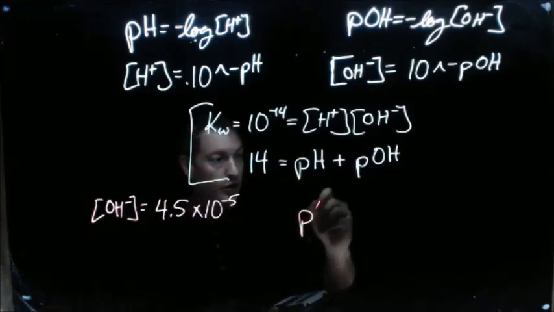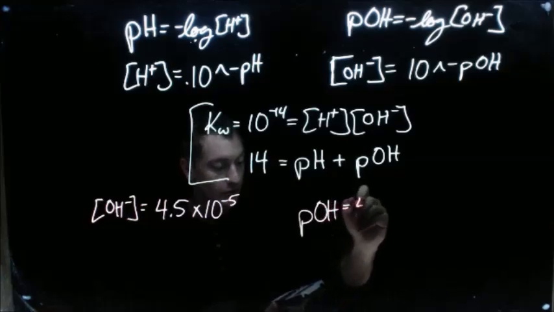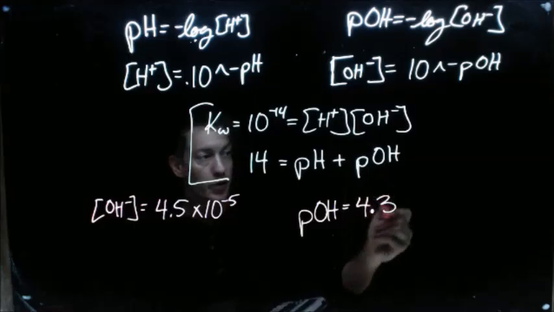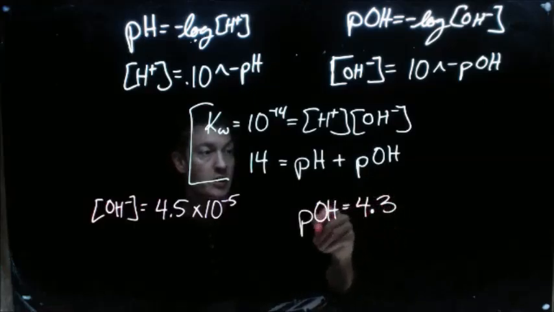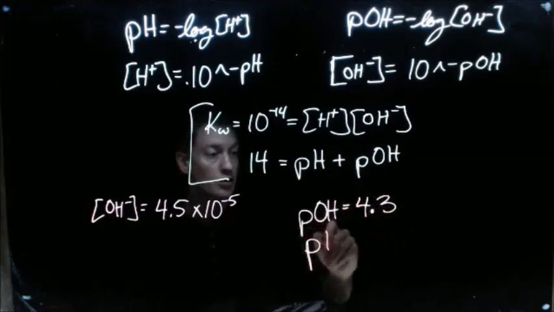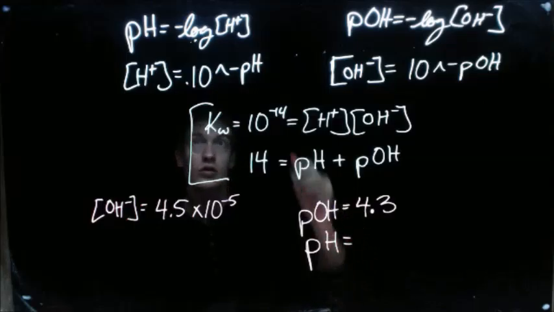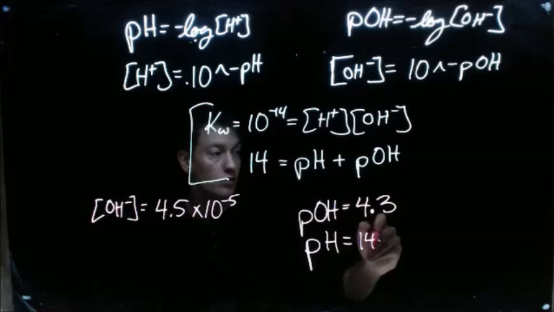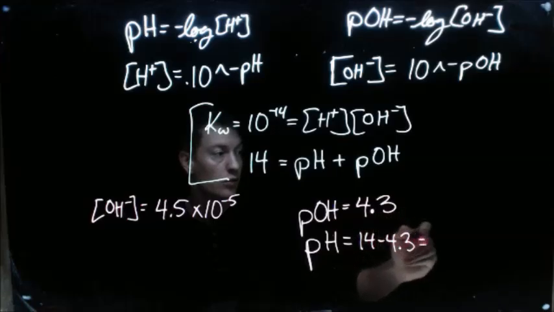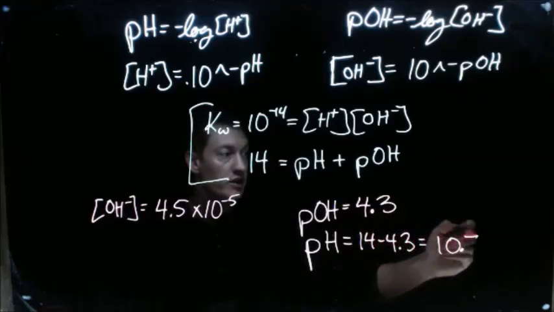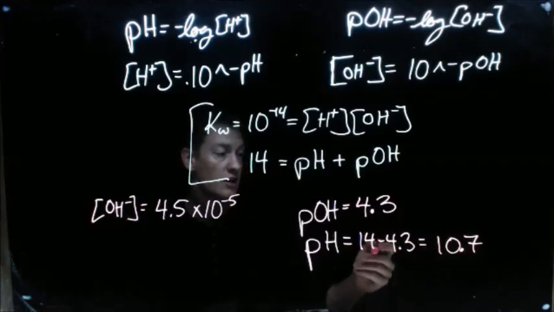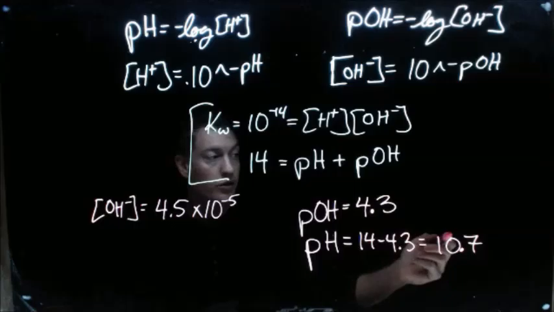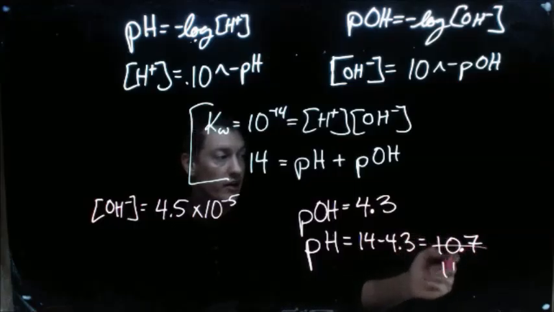The pOH would come out to be 4.3 with 2 sig figs, which means that the pH would equal 14 minus pOH, which gives us 10.7, or if you want to go with 2 sig figs, we'd call that 11.